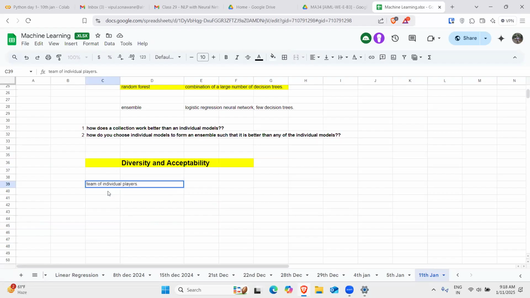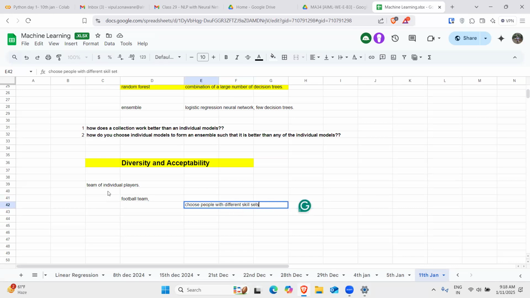So suppose you were to choose a football team. What will you do? You would take the following two steps. You'll choose people with different skill sets, such as defenders, attackers, and a goalkeeper, to ensure diversity.